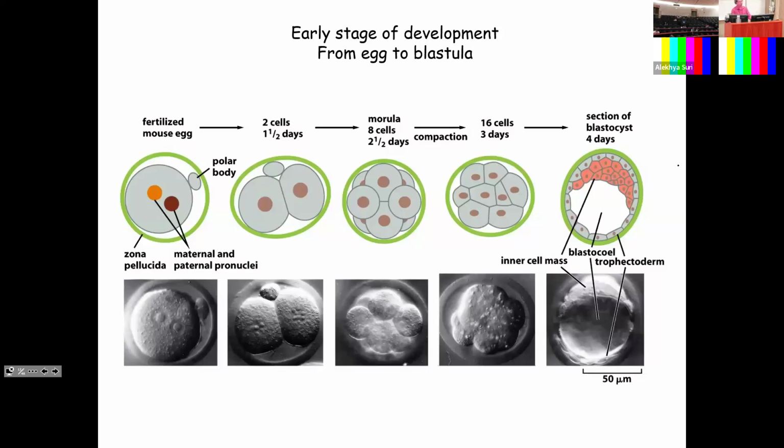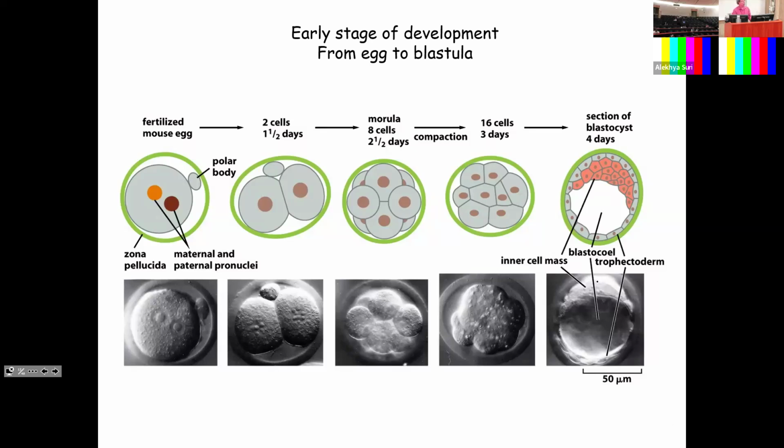And then there is another process, which is segregation. It's the first time that you see two types of cells. You see the trophectoderm here, and you see the inner cell mass. Okay, these are different cell types, and they will play different roles.